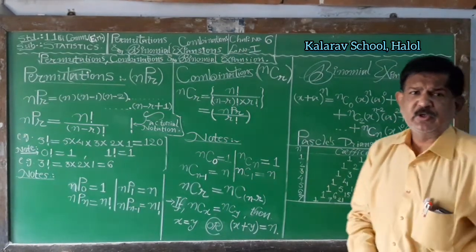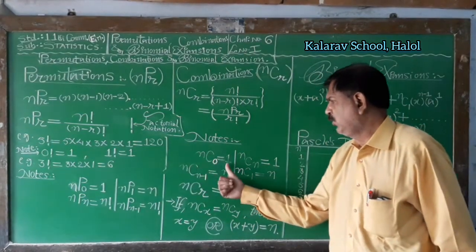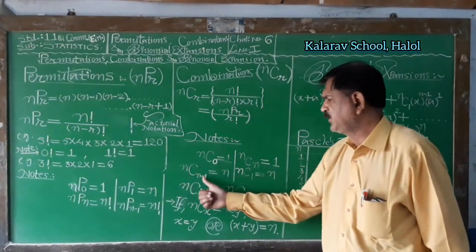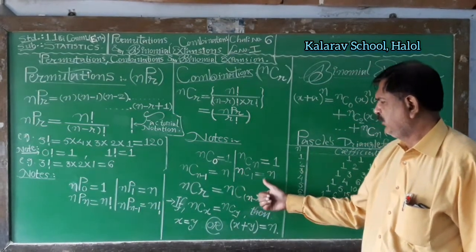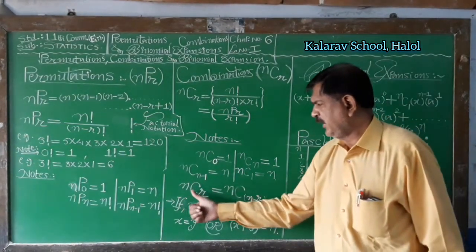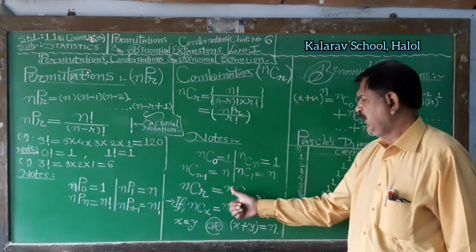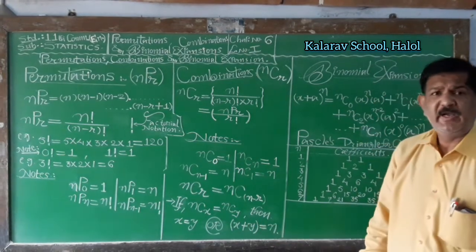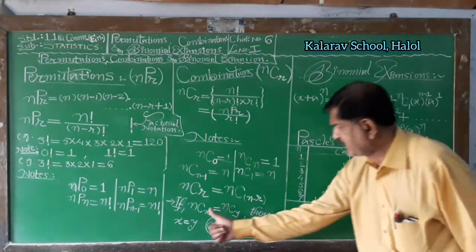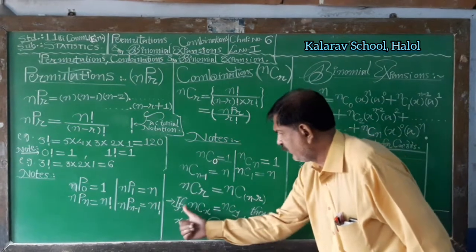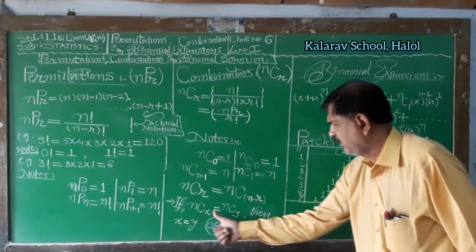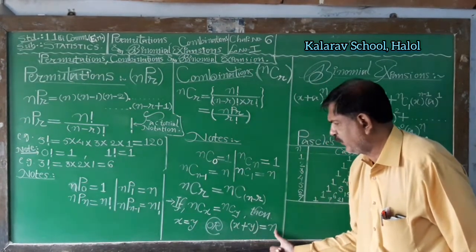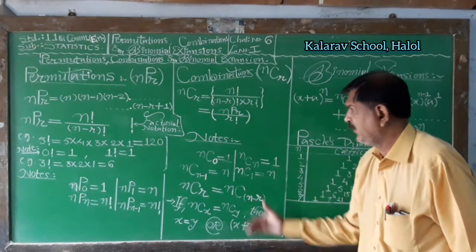And important notes for combination: nC0 is always 1, nCn is always 1, nC(n-1) is equal to n, nC1 is equal to n, and nCr is equal to nC(n-r). And if nCx equals nCy, then x equals y, or the addition of x and y equals n, that is x plus y equals n.